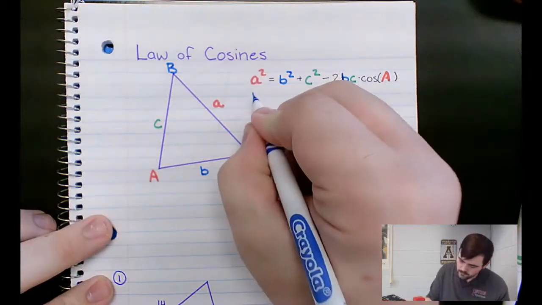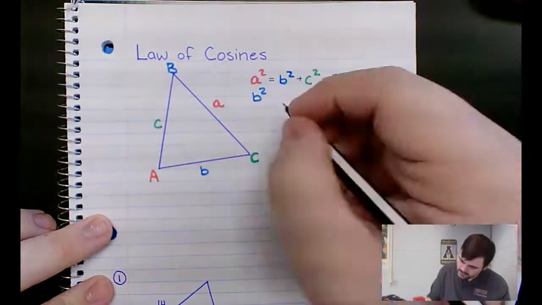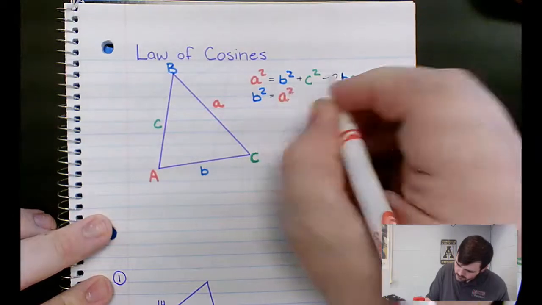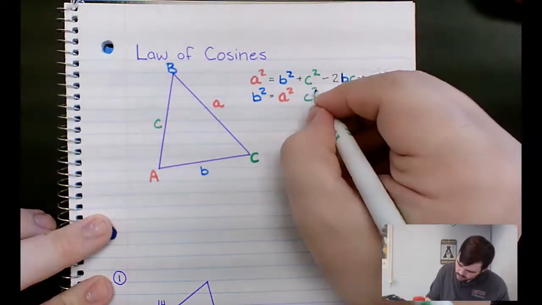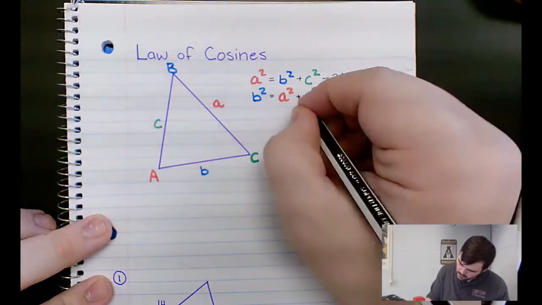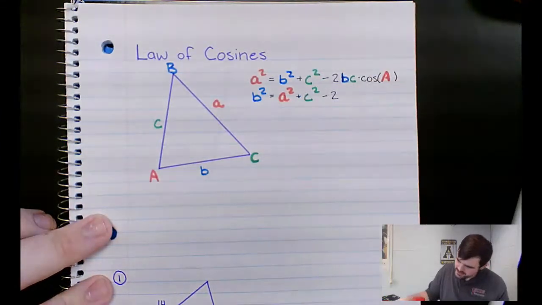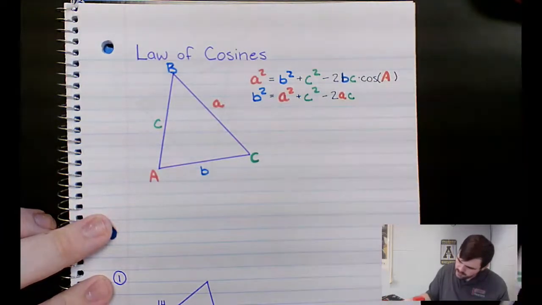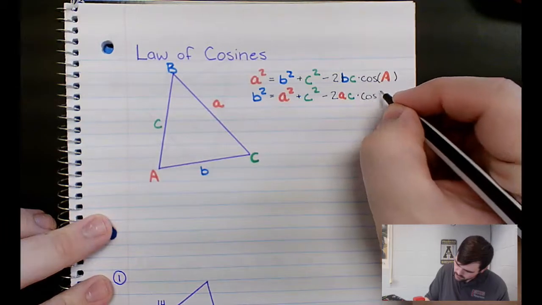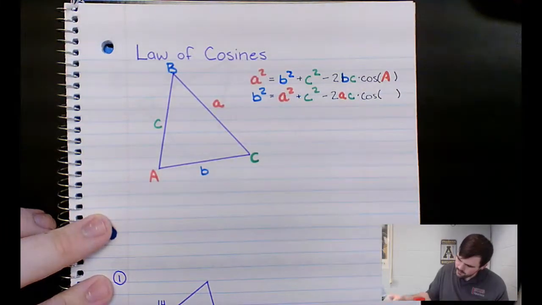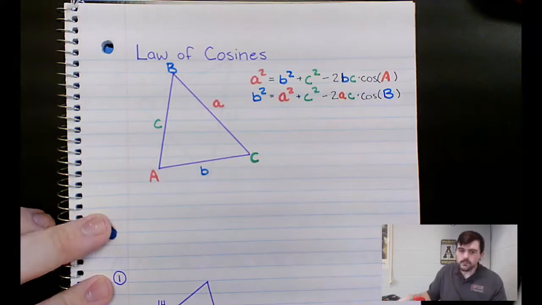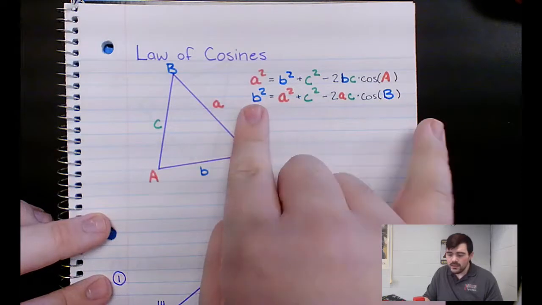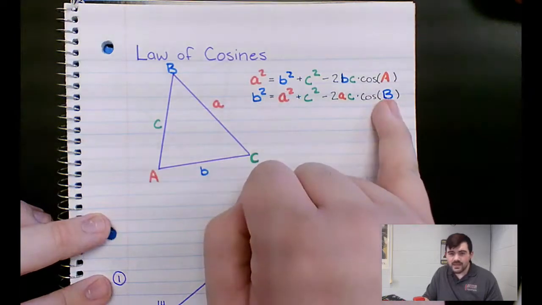B squared equals a squared plus c squared minus 2ac times the cosine of angle B. So you'll see that the side over here, squared, is the thing I'm taking the cosine of, right?